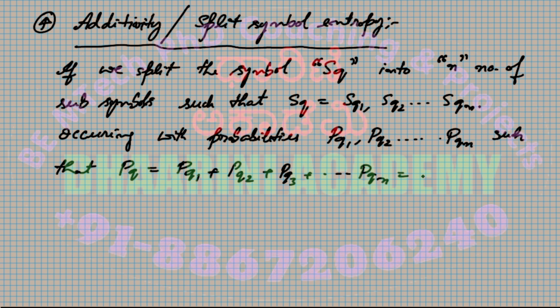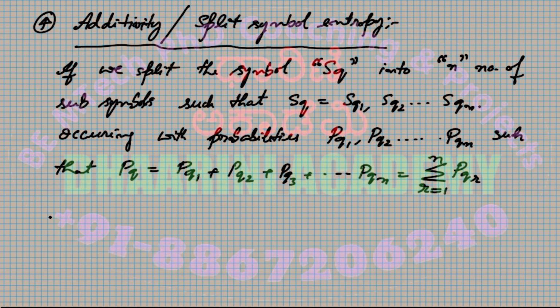That is also equal to the sum over R equal to 1 to n, all the n such symbols, you add all of them, that is PQR. Sum of them is equal to PQ. Okay, now we have split the symbols. Let us try to calculate its entropy.